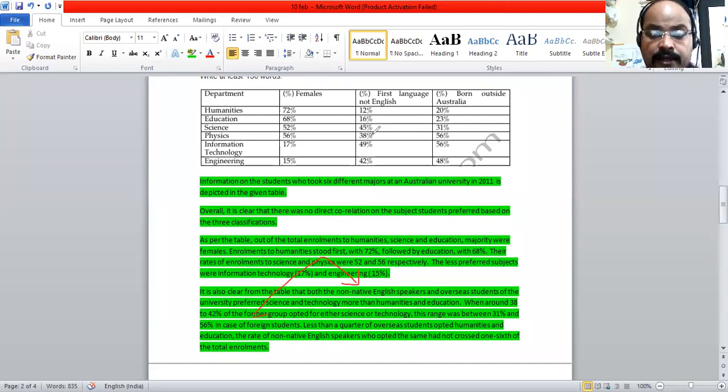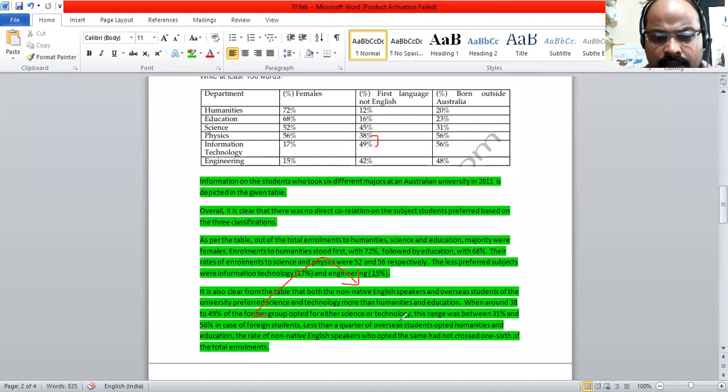So you can see 38 to 49 percentage. It's not 42 percentage, you have a correction here. 38 to 49 percentage opted to study science and technology.